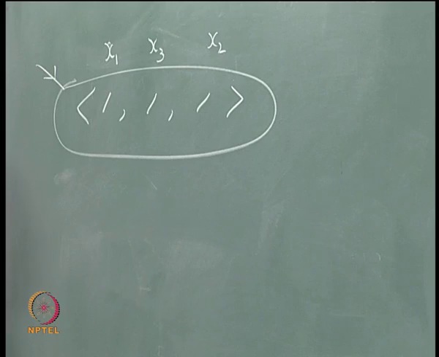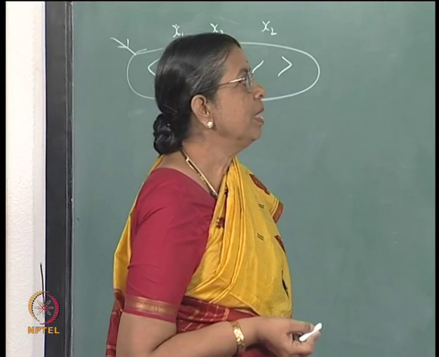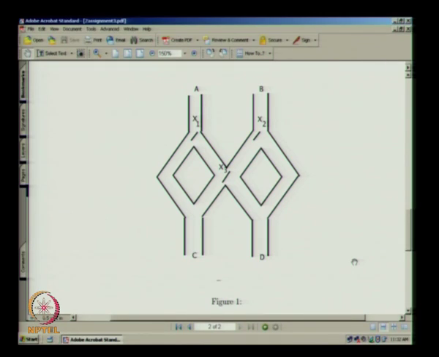Now, in this position you may get a marble through hole A or hole B. If you get a marble through A, what will be the direction it will take? It will fall like this and it will go here. So, the output will be C and it will change the position of this, but these two will be unaffected.